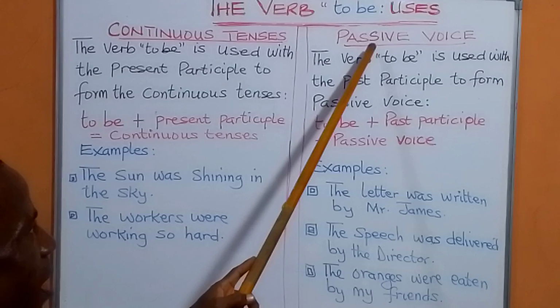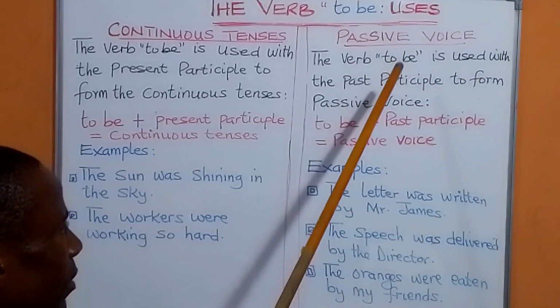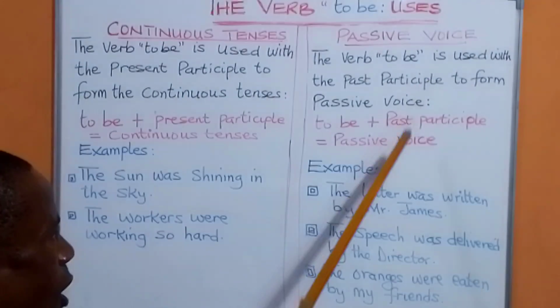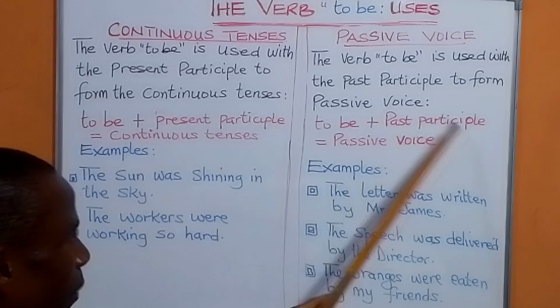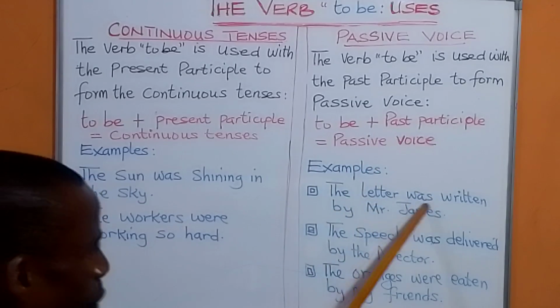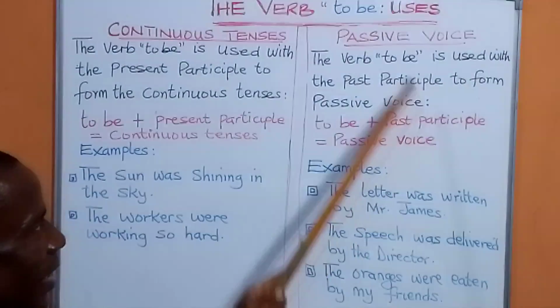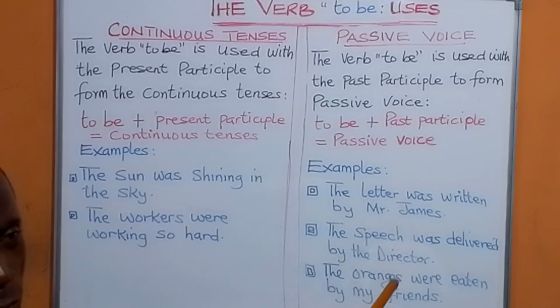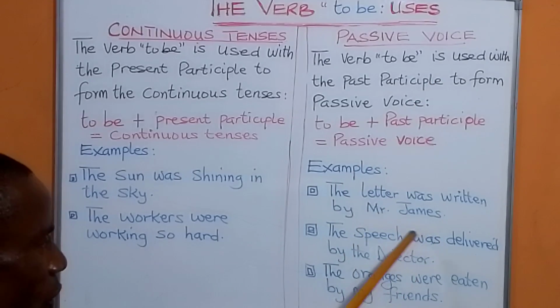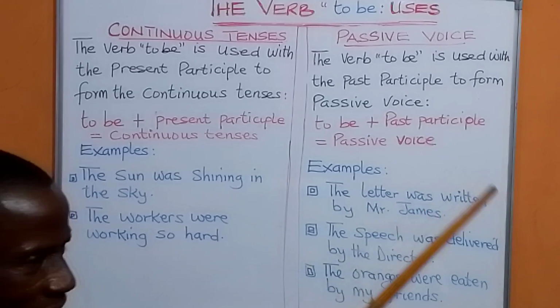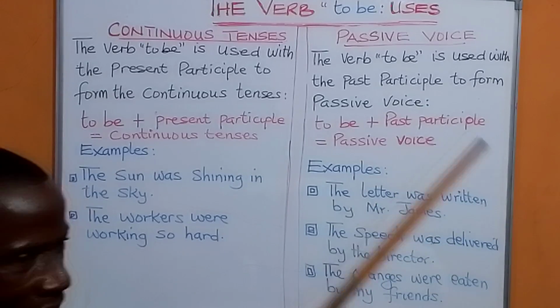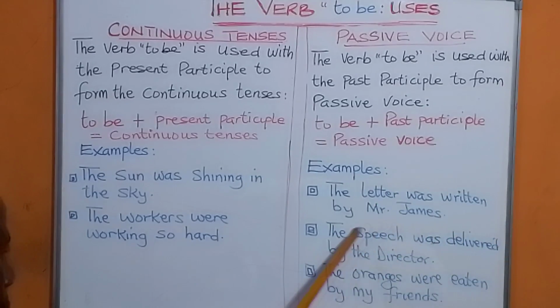But here we are talking about passive voice. To be plus past participle will give you passive voice. The letter was written by Mr. James. That is passive voice. If you want to put this sentence in active voice, you say Mr. James wrote the letter.